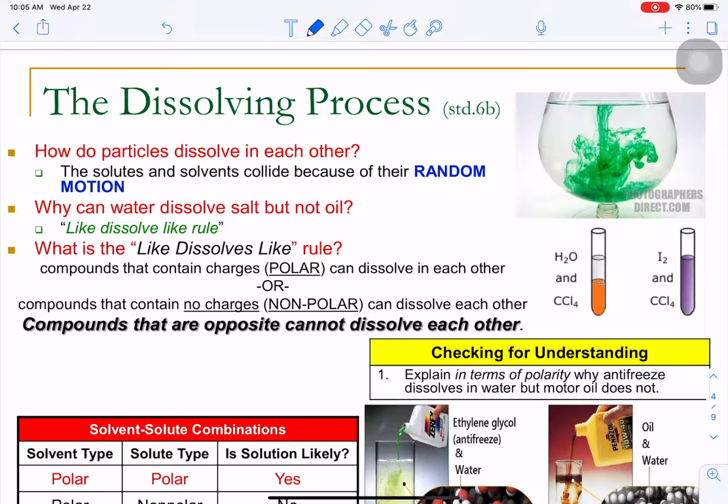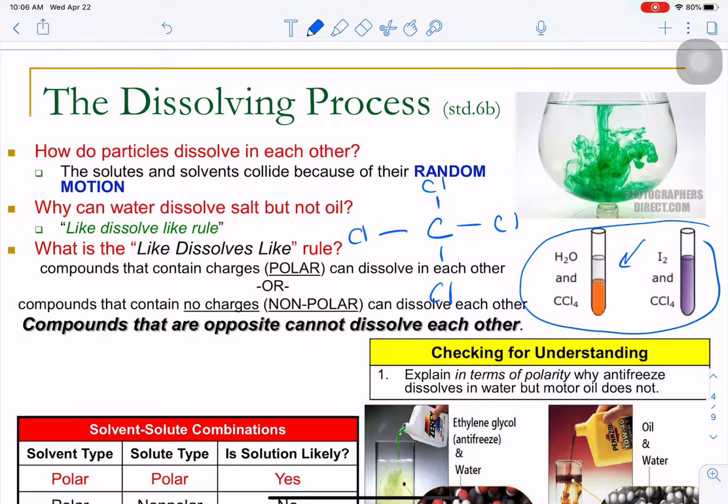As you can see over here, we have H2O being mixed together with CCl4. Now, if you look at CCl4, Cl, Cl, Cl, Cl. Let's say you didn't have this picture.